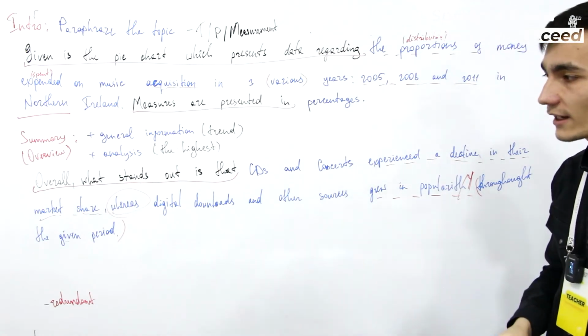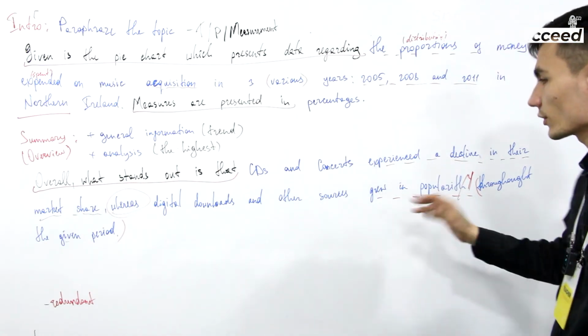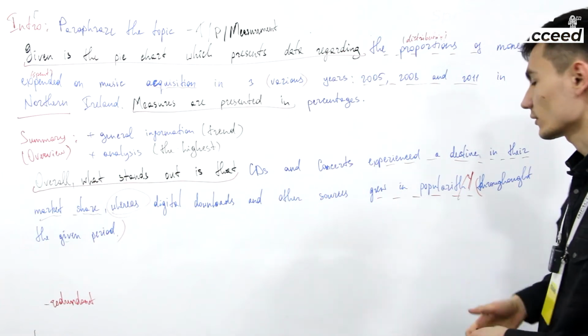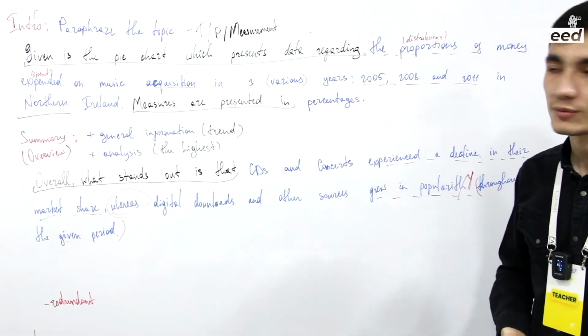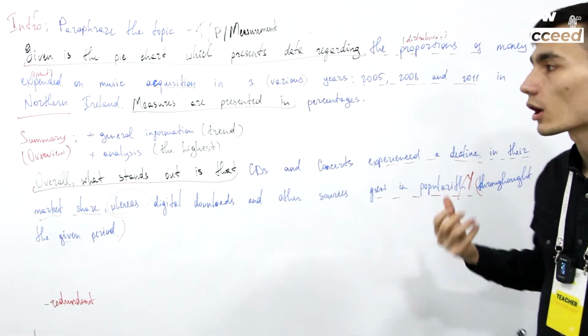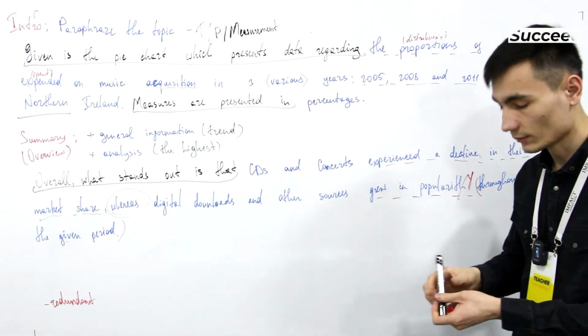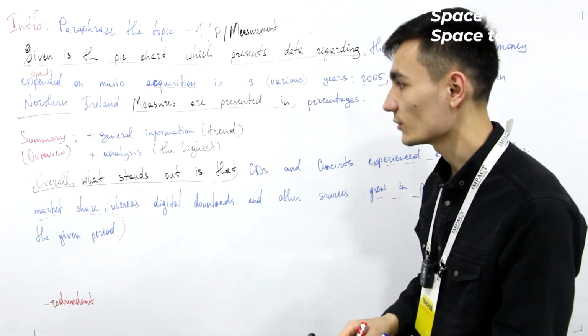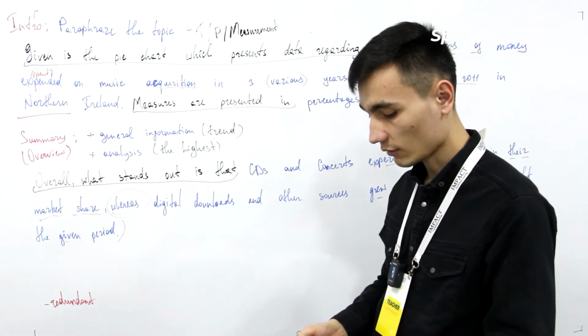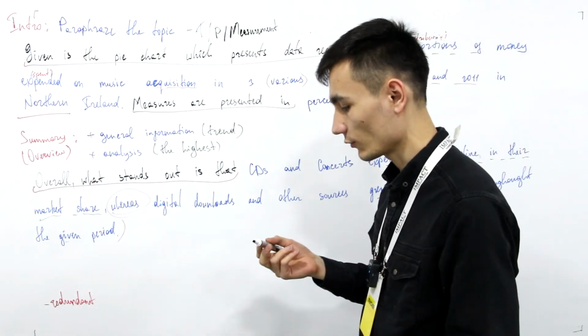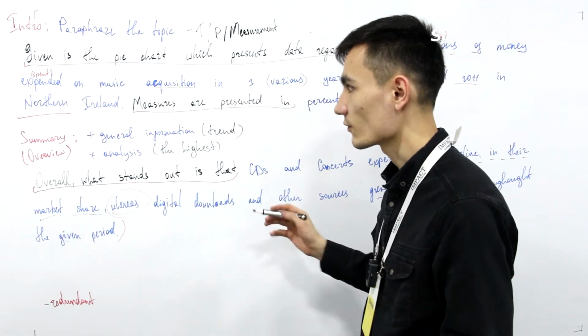If you want extra words for your essay, you can write throughout the given period, which means this entire period that they're talking about. It gives you some easy word count that you may need if you don't have that much information.